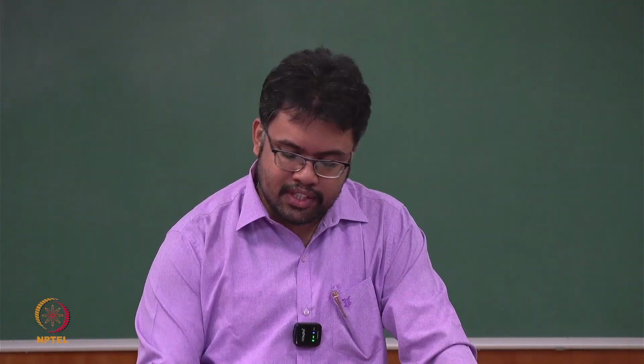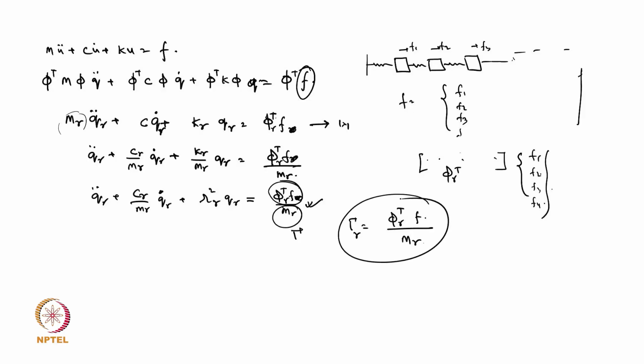So if you see this, you can see how much force is coming on that particular mode. We have already seen that this system is idealized with so many single degree of freedom systems. Now you have these forces F1, F2, F3, F4.